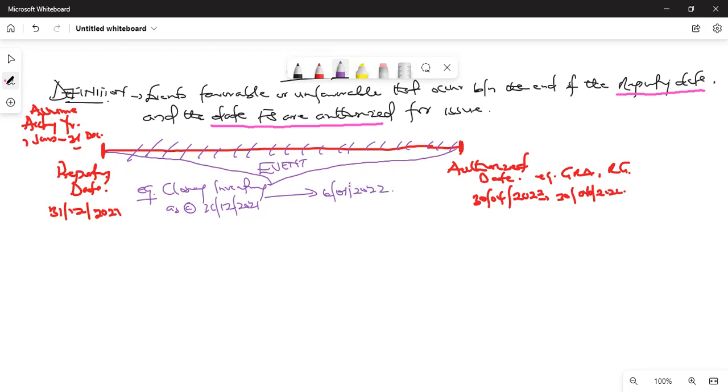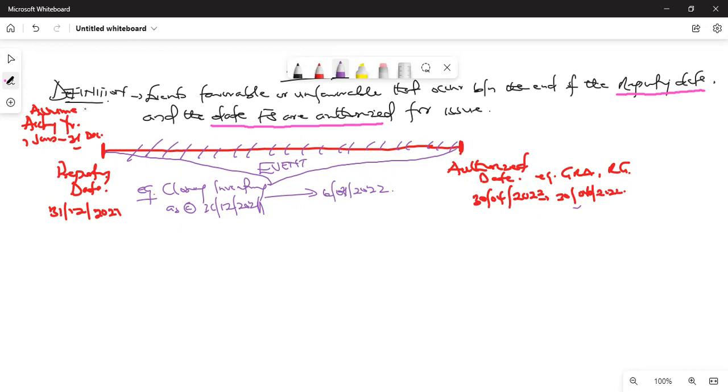If you realize that, what are you going to do? Because at this point, the accounts have been prepared. Even if I use March, at this point it has not been signed off. So do you go back and adjust, or you don't go back and adjust?